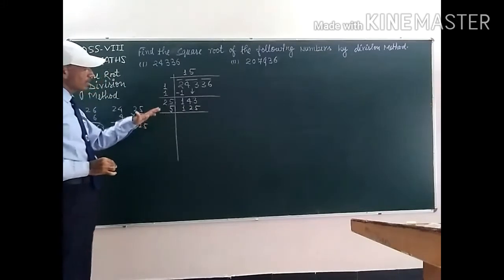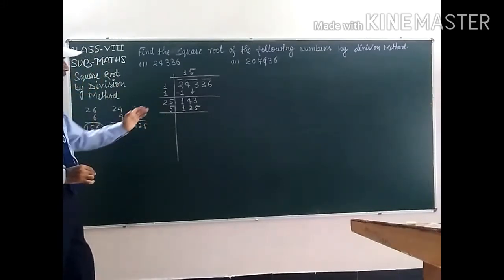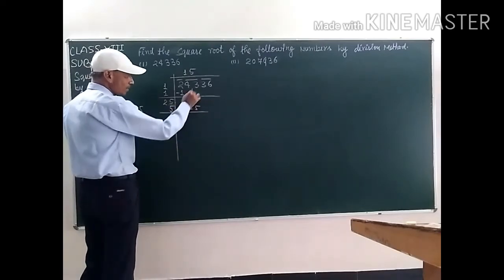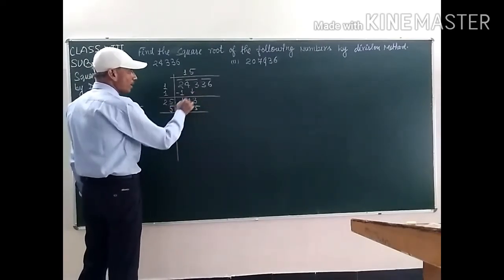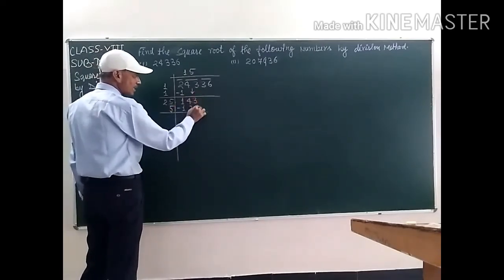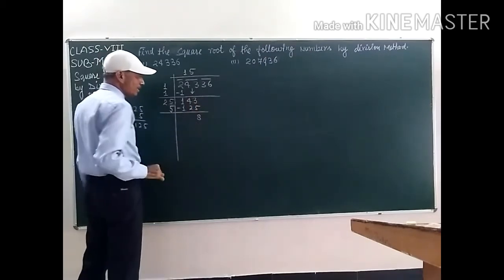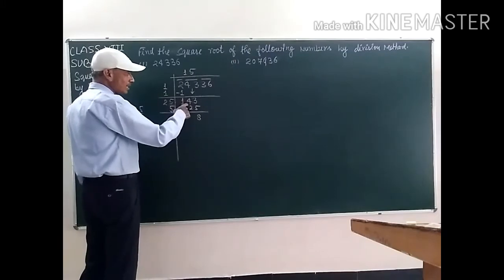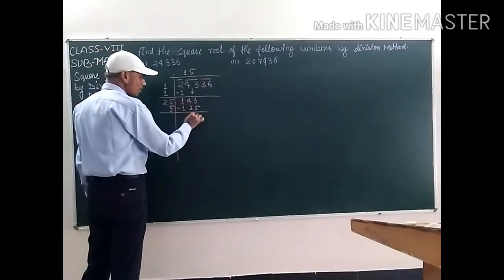Okay students, this is the second step, and in the third step subtract this number from 143. 13 minus 5 is 8, and 3 minus 2 is 1.